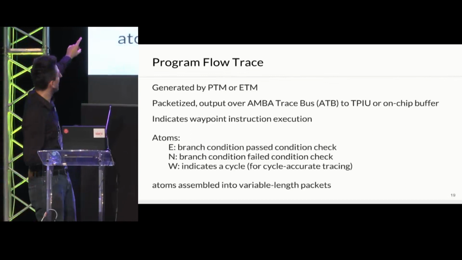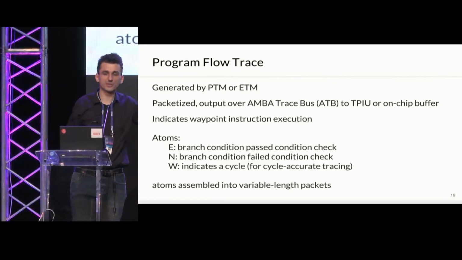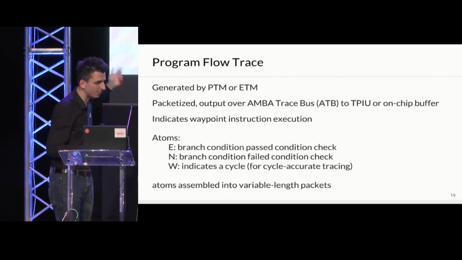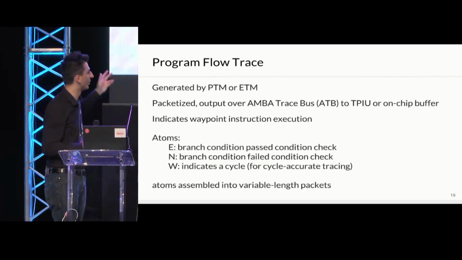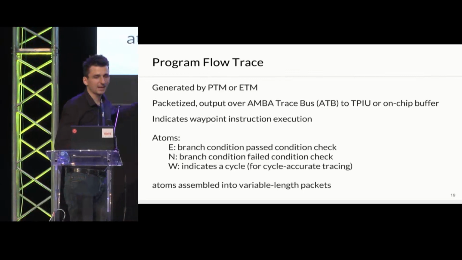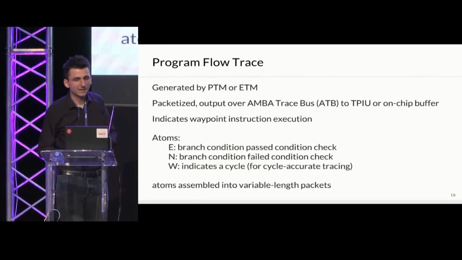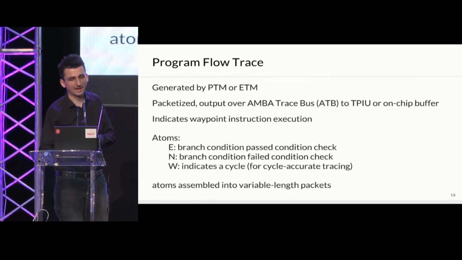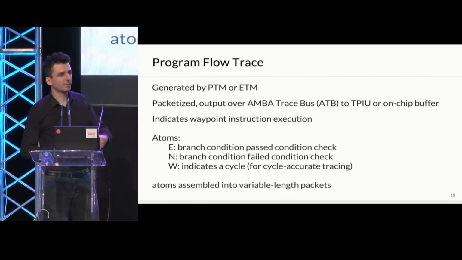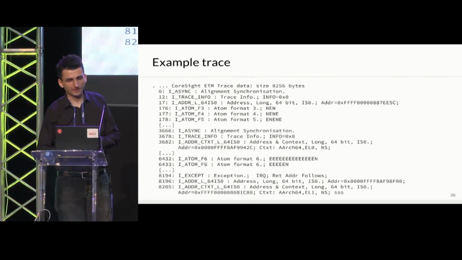The atoms are: an E for a branch condition that has been checked and passed, an N for a branch condition that has failed, and a W that indicates a cycle. Then you also have syncs, and all of this is assembled into variable length packets. These cycle indications matter if you really care about performance and want cycle accurate tracing on your platform, so not interesting for us.